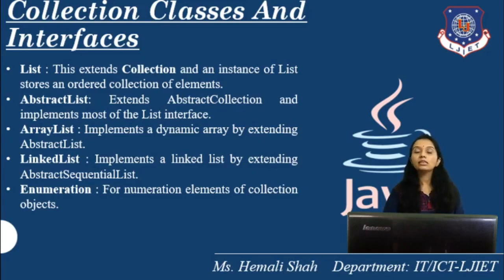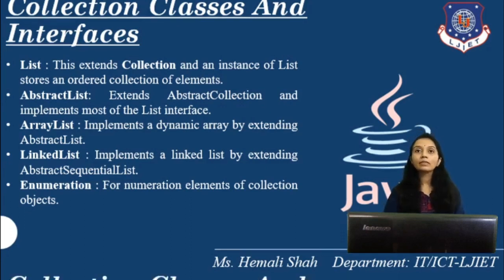Now Enumeration is basically an interface that has the function to iterate the elements of a collection. We will use this Enumeration. This Enumeration object is referred inside Vector and Stack. So when you create the object of Vector and Stack, you will have this Enumeration instance, right?